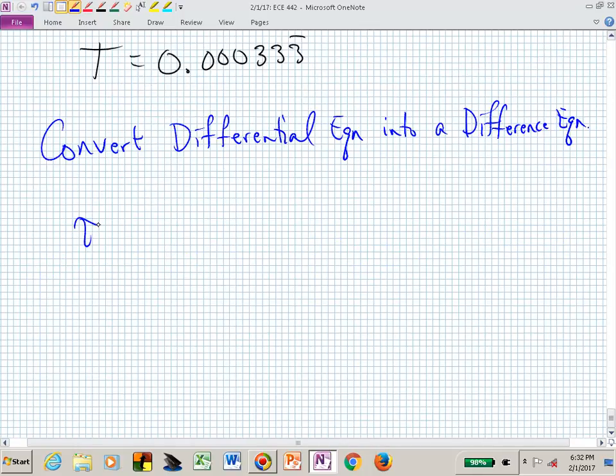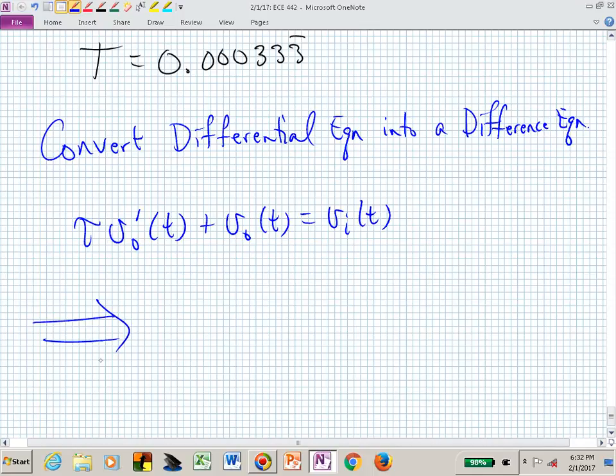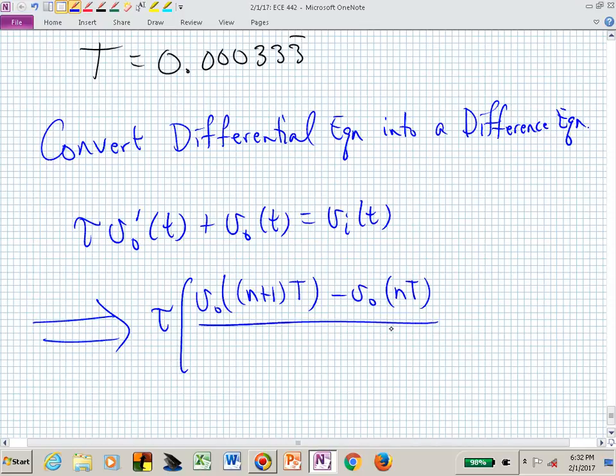where I now had this tau V naught prime of t plus V naught of t equal to V sub I of t. And approximating the derivative, I have tau times V naught of (n plus 1) capital T minus V naught of nT, over T, plus V naught of nT equaling V sub I of nT.